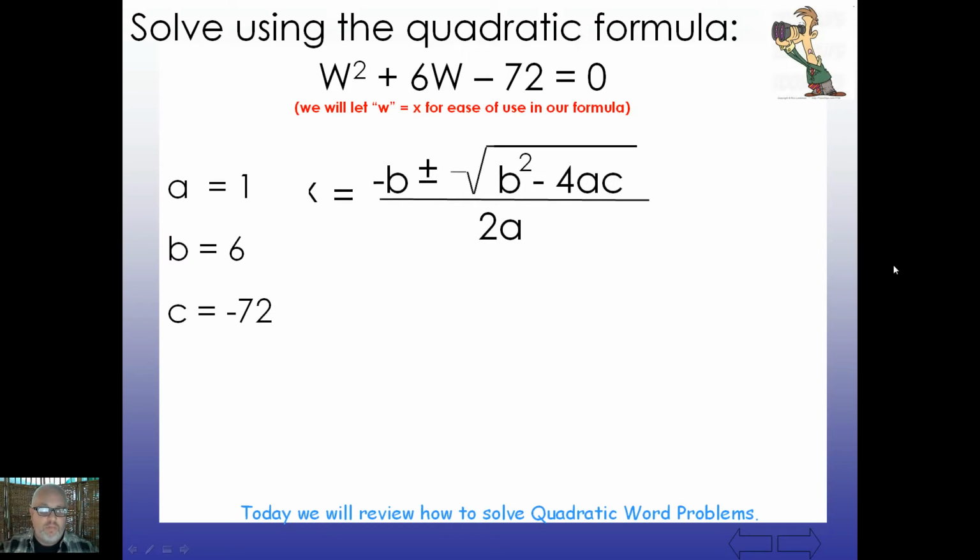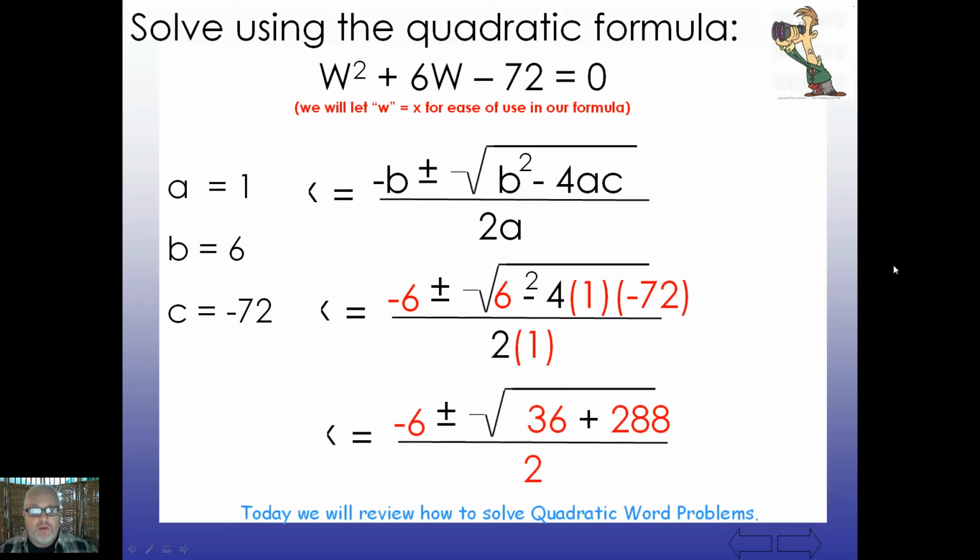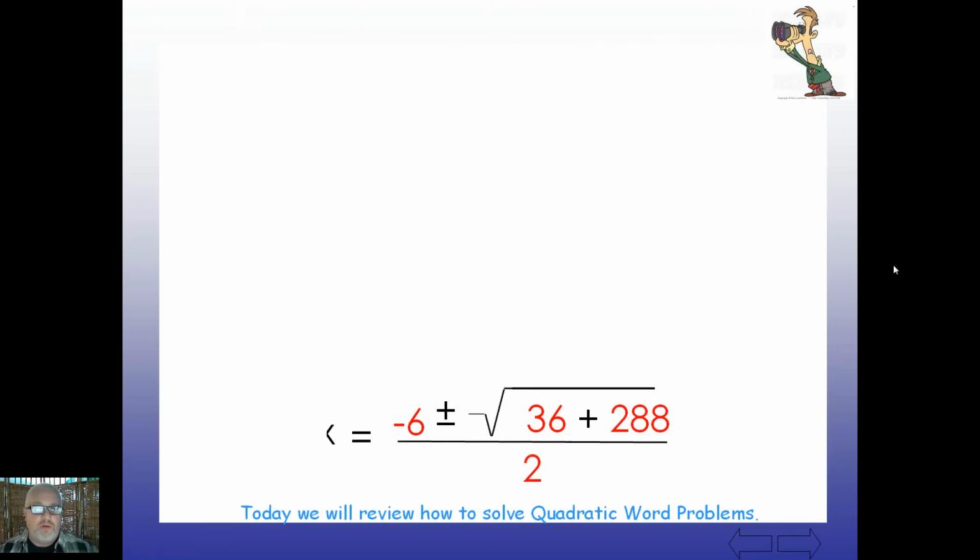Remember your song? There's your formula. If you write it down each time you use it, you'll always remember it. And let's go ahead and plug in our values here. So we have the opposite of B, which is negative 6, plus or minus 6 squared minus 4 times A times C, over 2A. Let's do some quick math. Clean this up, and we get 36 plus 288 inside the radical.